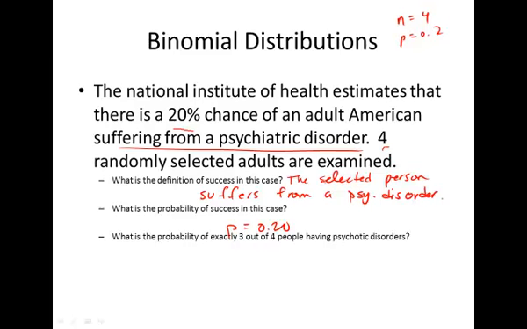Okay? What is the probability of exactly 3 out of 4 people having psychotic disorders? So that would be 3 out of the selected 4 people. Okay, so this would be binomial PDF 4, 0.2, and 3.